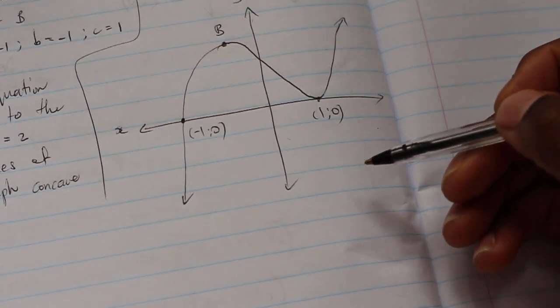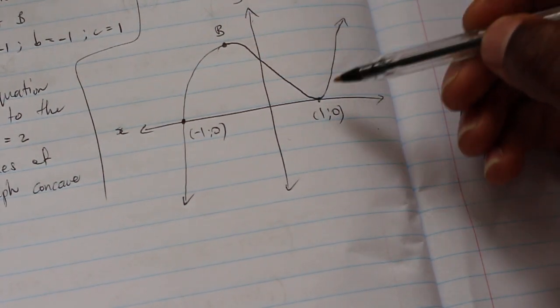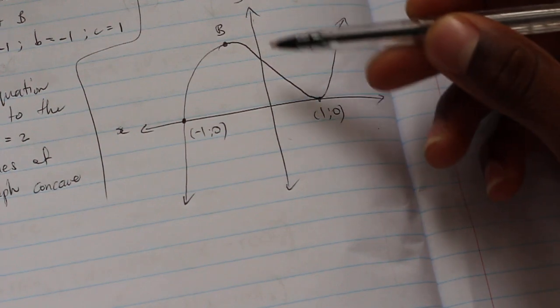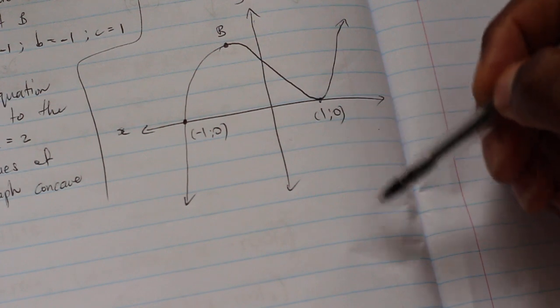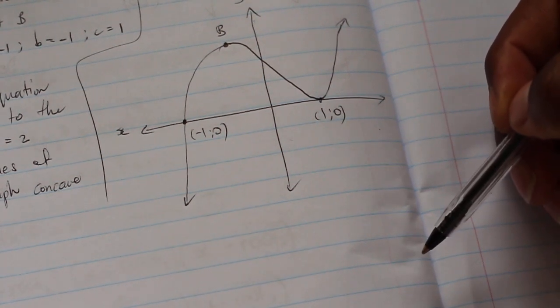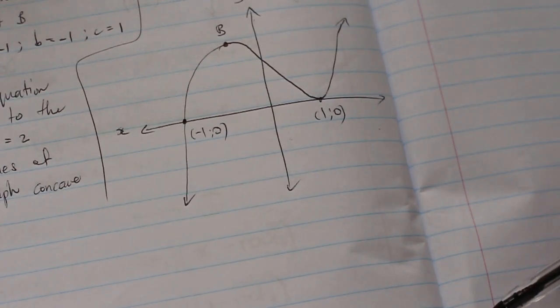Very, very important. You can see that our function is actually kissing the x-axis here. That means this is a double root. The function that we have has two equal roots. Why? Because it's kissing the x-axis.